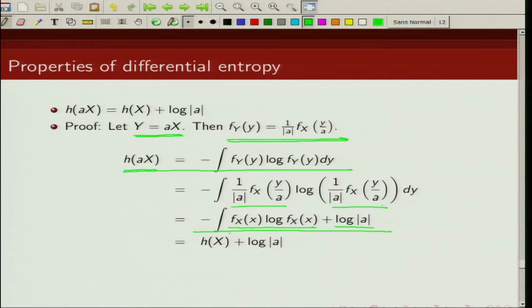So this is nothing but differential entropy of x, plus log of absolute value of a. So the effect of scaling is as follows: h of a of x is differential entropy of x plus log of absolute value of a.